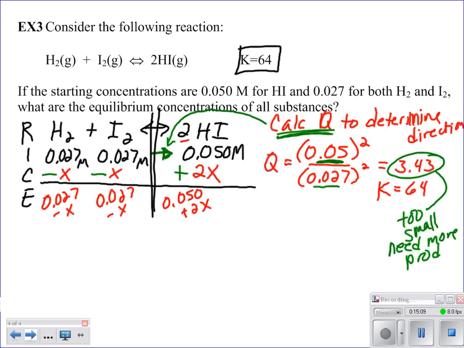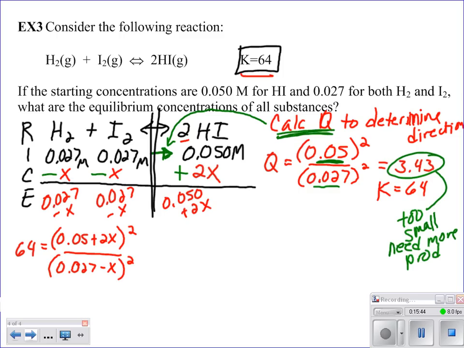And when you set this up, remember we know our K value, so I'm not going to rewrite. You can look at the problem from before to see what your equilibrium constant expression is, but you're just going to say that 64 equals HI squared, so that's going to be (0.05 plus 2x) squared divided by (0.027 minus x) squared.